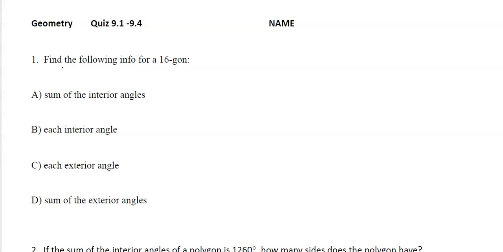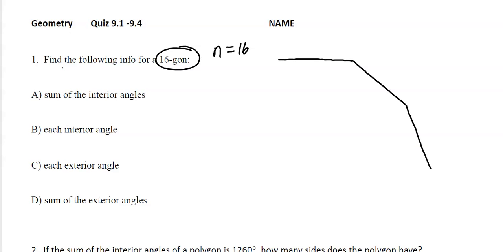So number 1, find the following info for a 16-gon. So we have n equals 16. Depending on how you want to do it, I'm going to roughly sketch the first angle or two. I always like to visualize the exterior angle.